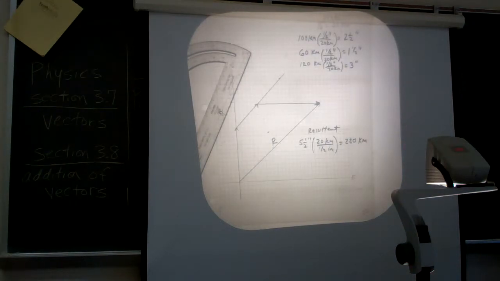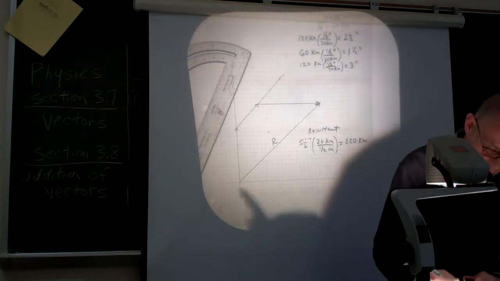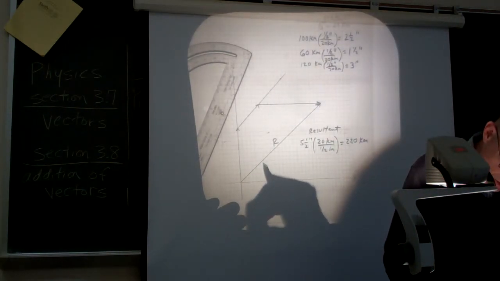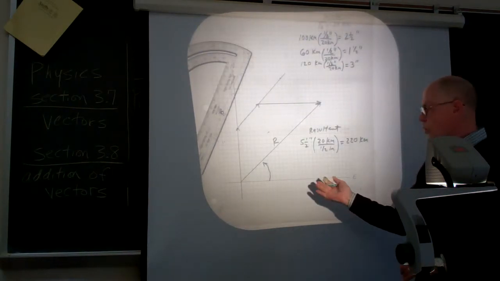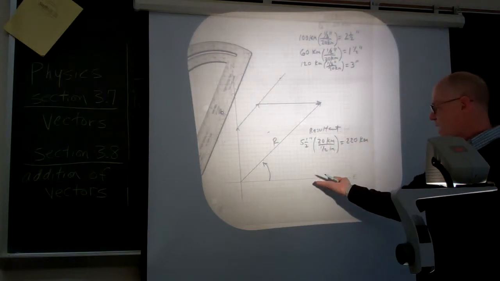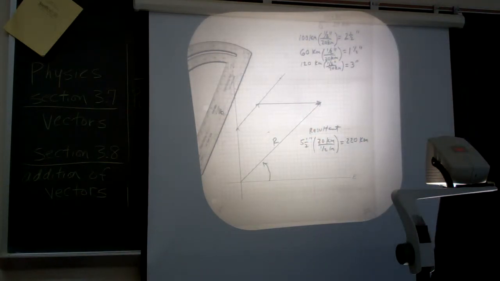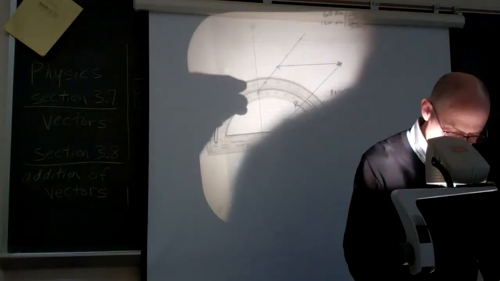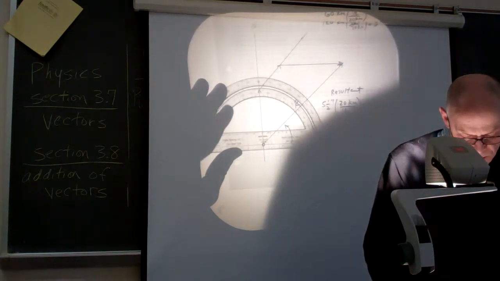Now that's not a sufficient answer. I also need direction, because the resultant is a vector, so it has direction. So I'm going to now measure this angle from 0, because remember we're measuring from east at 0 counterclockwise. So I can stick the protractor on there, and that measures out.